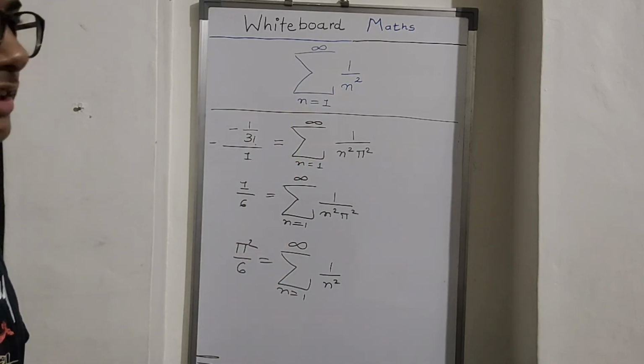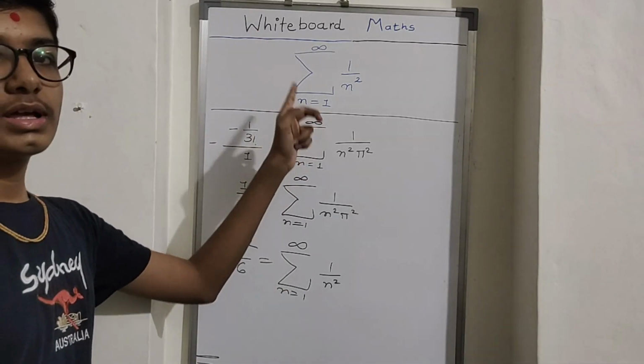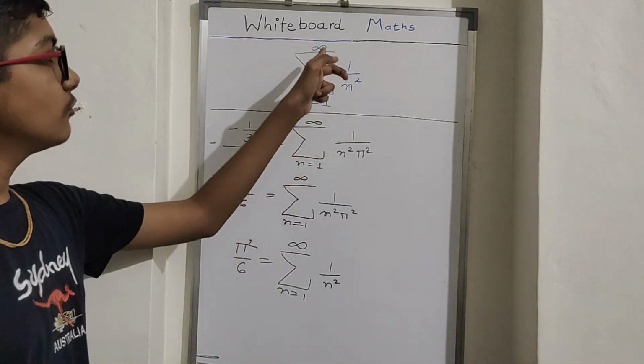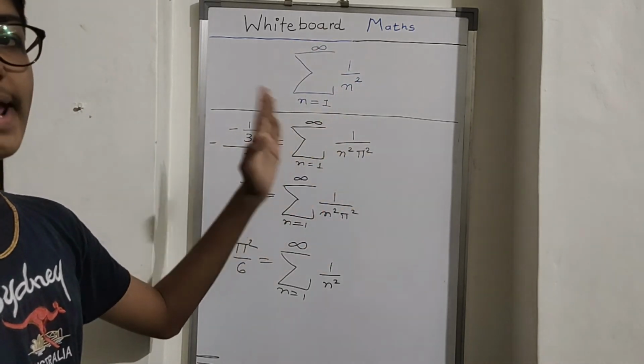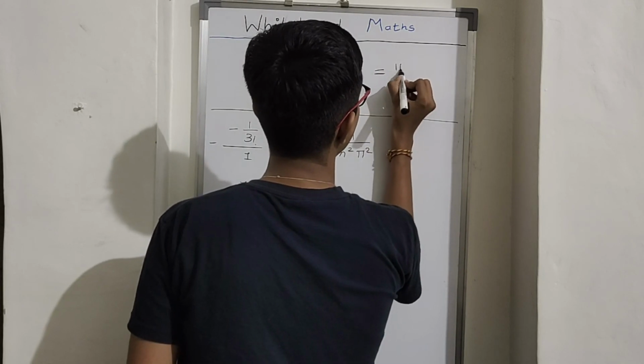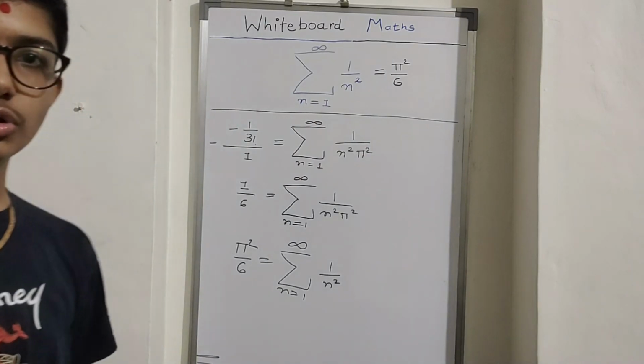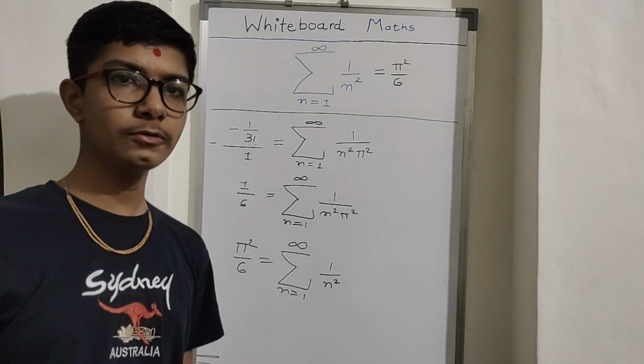So we have solved the problem that the infinite sum of n going from 1 to infinity of 1 divided by n squared equals pi squared over 6. So this was a wonderful proof.